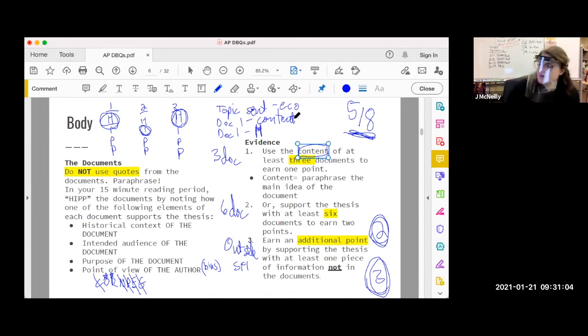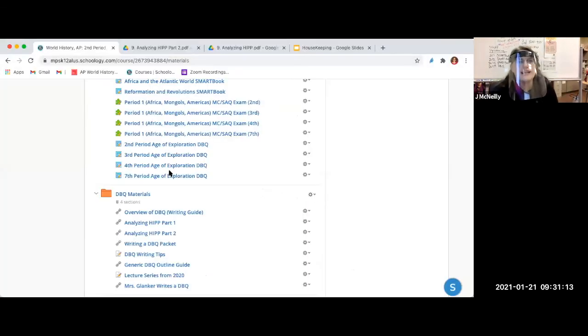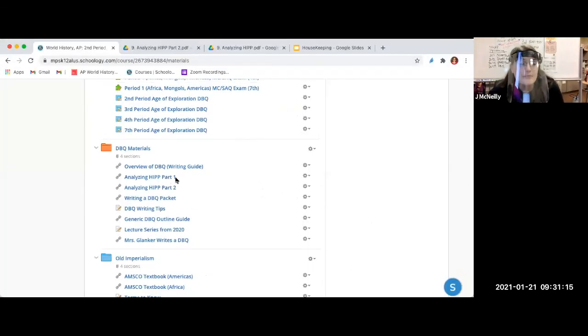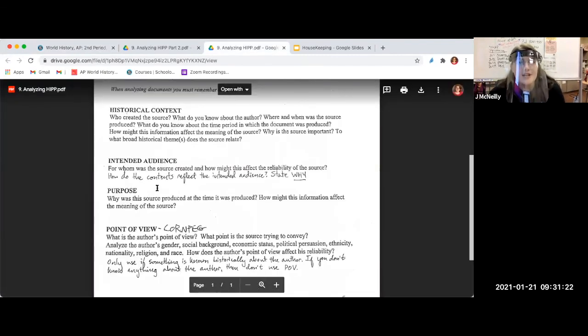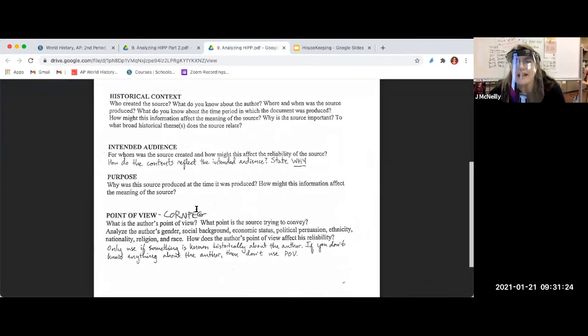Okay, then that's where we're going to leave off for today. When we get back, we're going to look at these 2 forms that are in your DBQ folder where it says Analyzing HIP Part 1 and Analyzing HIP Part 2. So we're going to go over specific information for H, I, P, and P, including that corn peg that we covered.